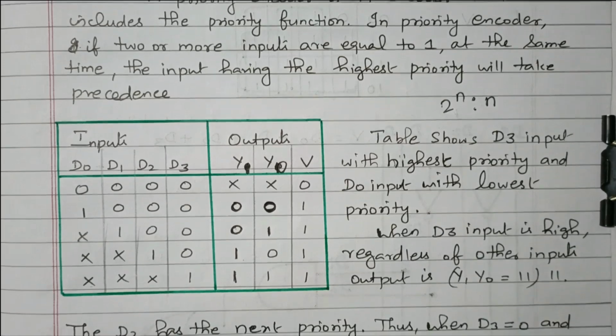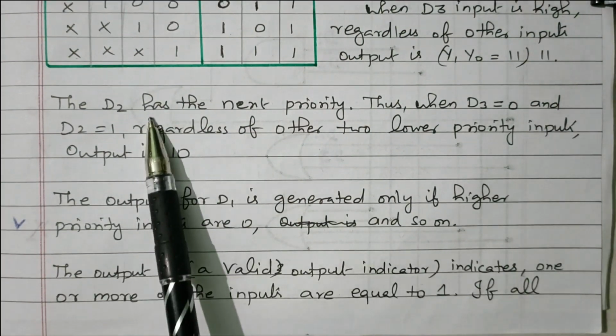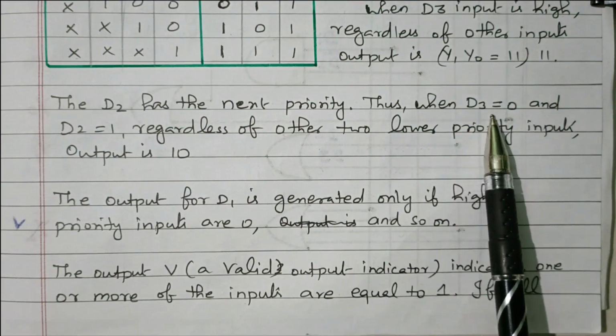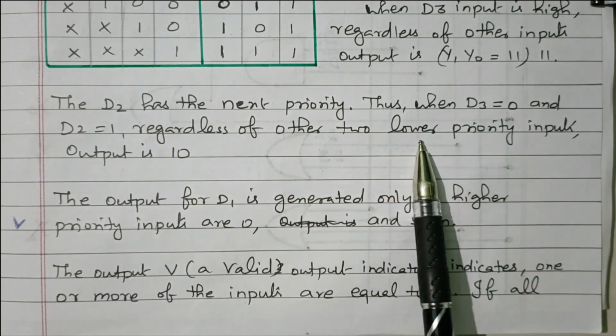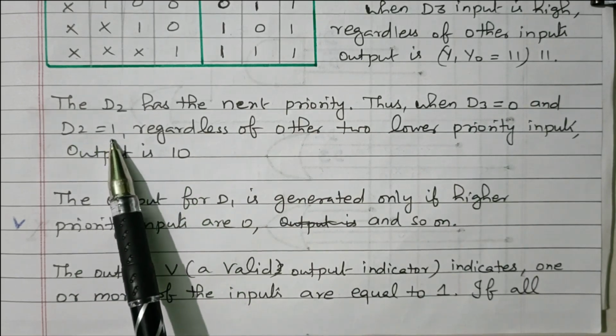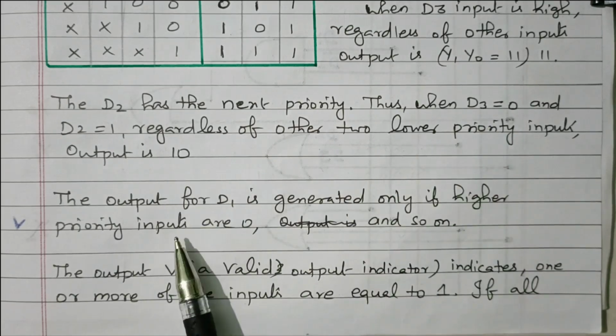Similarly, we have the other descriptions. D2 has the next priority. If D3 is 0 and D2 is 1, regardless of the lower priority inputs, the output will be 1, 0. Two things: D2 should be 1, at the same time D3 should be 0. Then only we will get 1, 0.